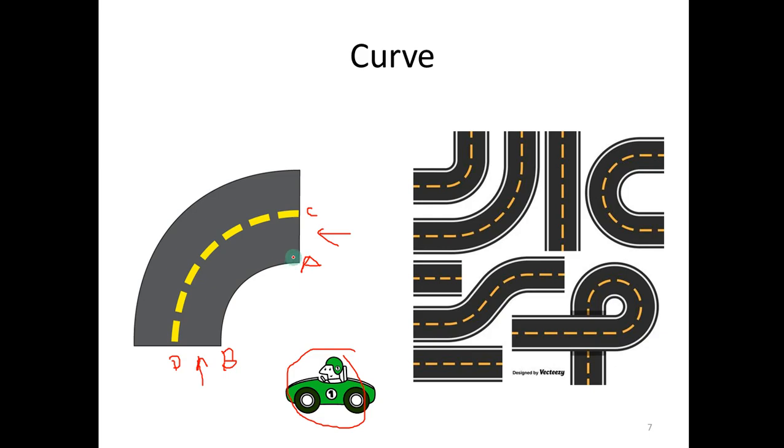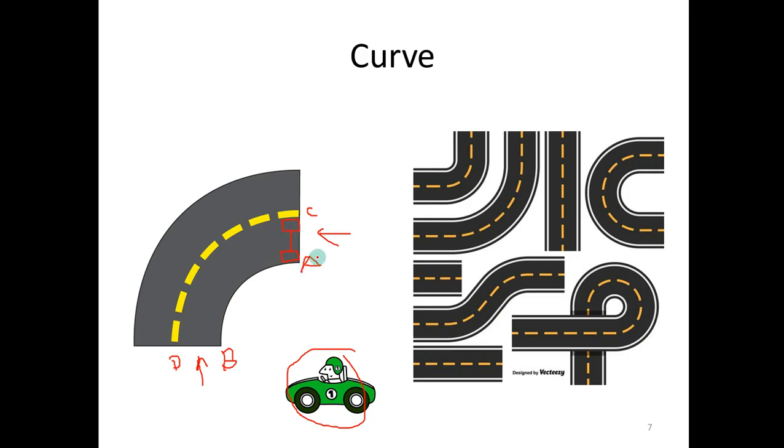You can see this car has wheels on both sides. Let's draw. This is the inside wheel. This one, we take, is the outside wheel, and they are connected by a rod.